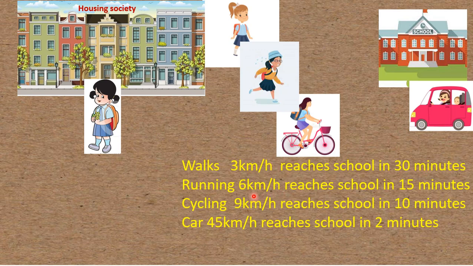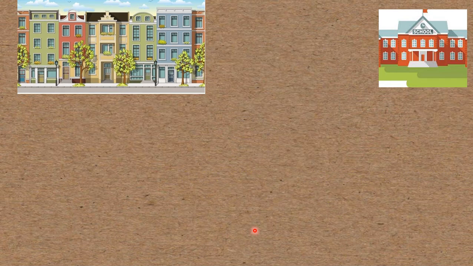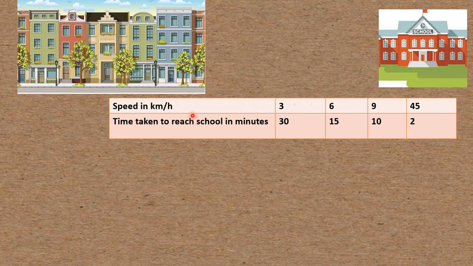When she runs at 6 km per hour, she reaches school in 15 minutes. By cycling at 9 km per hour, she reaches school in 10 minutes. But at 45 km per hour, the speed of the car, she reaches in 2 minutes. So speed and time taken to reach school.